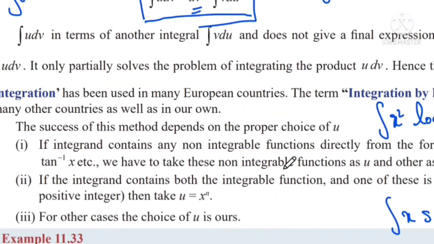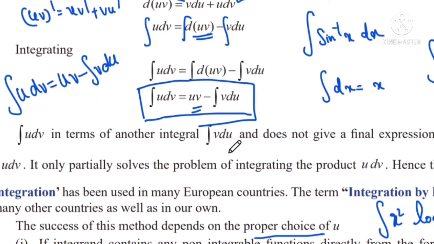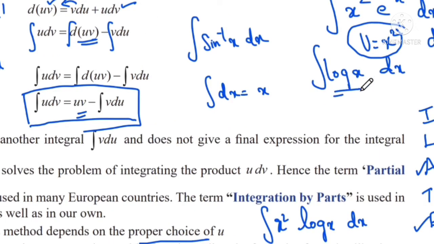The proper choice of u is very important. The success of this method depends on the proper choice of u. If the integrand contains non-integrable functions, suppose you have only sine inverse x, there is nothing else, you take u as sine inverse x. Or if you have only log x, then you take u as log x.